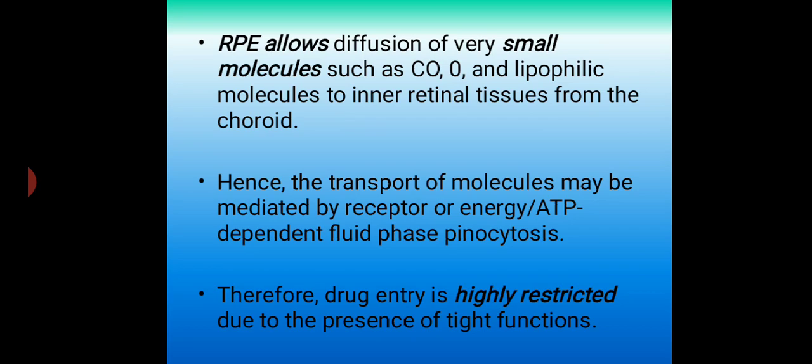Now, RPE allows diffusion of very small molecules like oxygen or gaseous substances and certain lipophilic molecules to the inner retinal tissues. Thus, the transport of molecules may be mediated with the help of certain energy or depend on pinocytosis. Therefore, the drug entry is highly restricted due to the presence of the tight junctions.